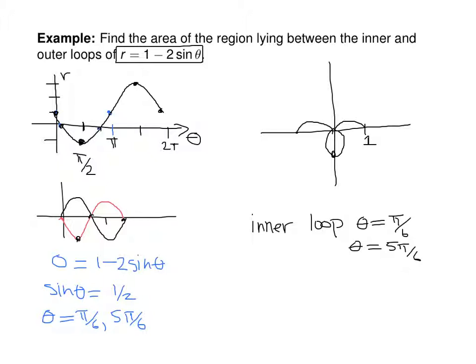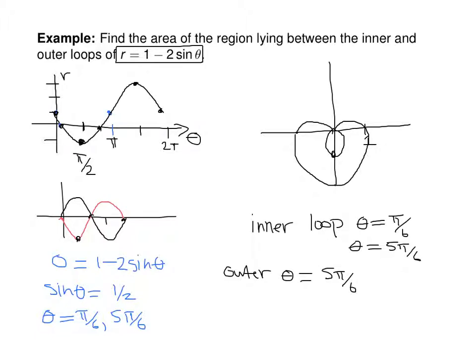By 3 pi over 2, my radius is 3. And then by 2 pi, we're back to a radius of 1. So that's the general picture of this curve. Now the outer loop, we can think about it beginning at theta equals 5 pi 6.